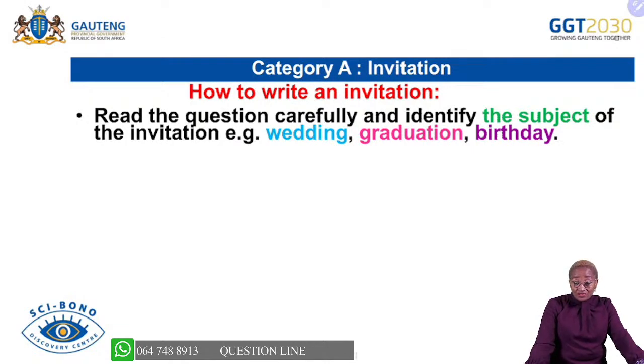And in this case, you need to identify the subject of the invitation. Is it a wedding celebration? Is it a graduation celebration? Is it a birthday celebration? Is it any other celebration, which would be clearly indicated in the brief? That would form the subject of the invitation. That is very, very key.